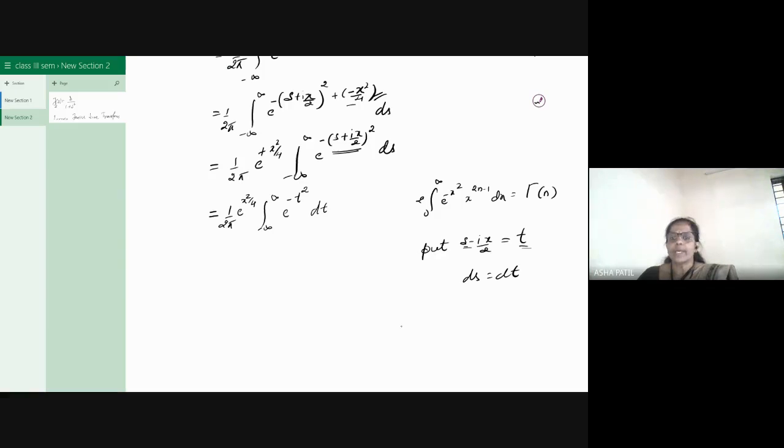Now we'll compare with this integral. Here the limits are from 0 to infinity, whereas our limits are from minus infinity to plus infinity. How to change the limits? Instead of minus infinity to plus infinity, I want 0 to infinity.